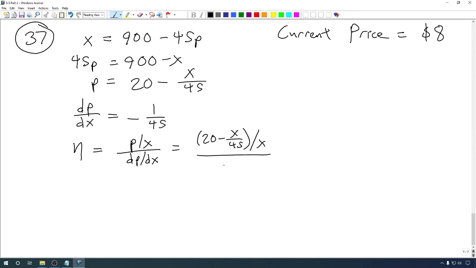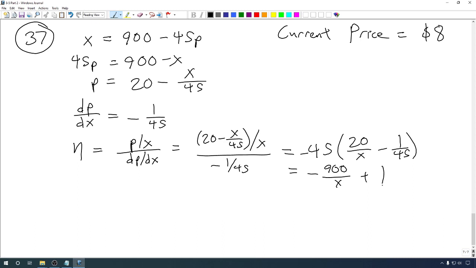And then the derivative is negative 1 over 45. In other words, I'm going to bring this up here, multiply everything by negative 45, and I'm also going to divide everything by x. So we get 20 over x minus 1 over 45, or in other words, our eta is negative 900 over x plus 1.